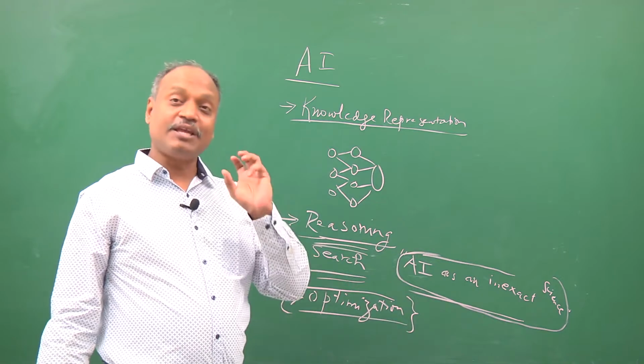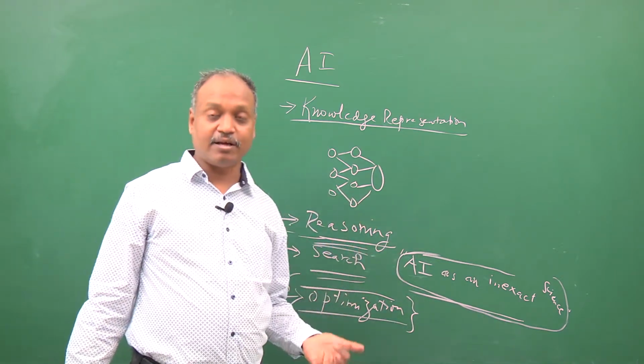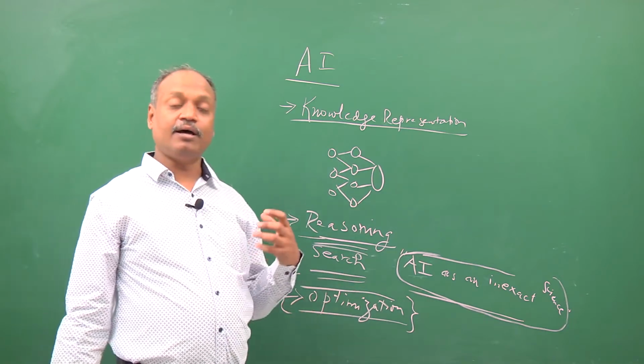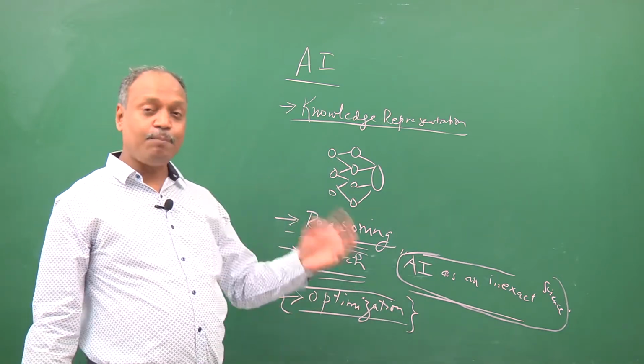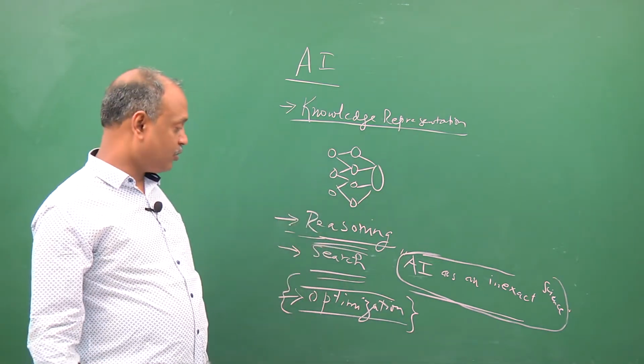So optimization becomes a key tenet of AI. That's why we have optimization techniques in AI like planning and constraint programming, etc., which help in modeling and optimizing objective functions in terms of the stated goal.